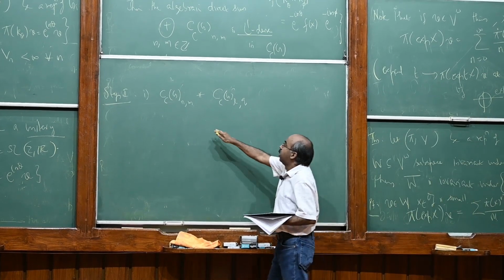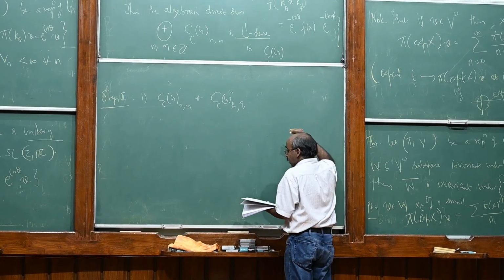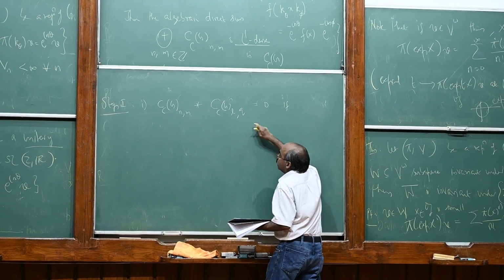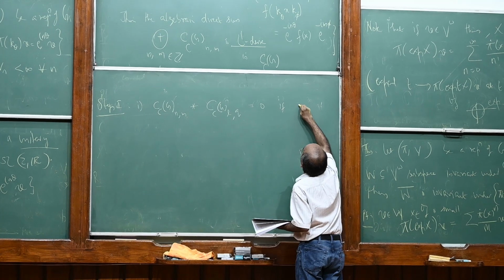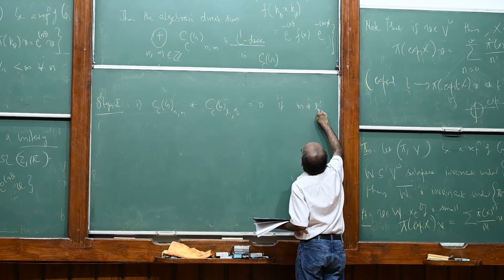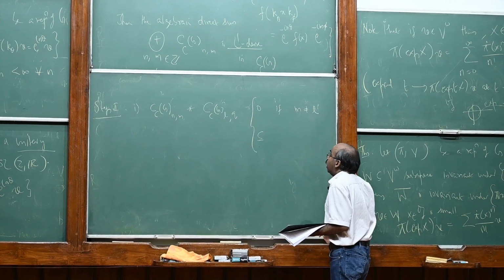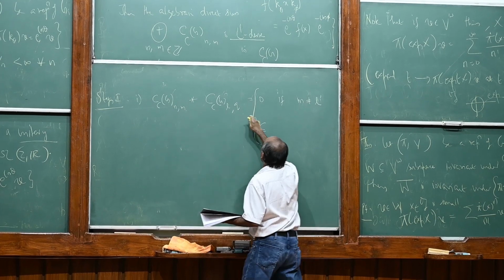Here I have n on the left, m on the right, and l on the left, q on the right. Then this is 0 if the middle ones don't match, if m is not equal to l, and if m is equal to l, it will be contained in C_c(G)_{nq}.